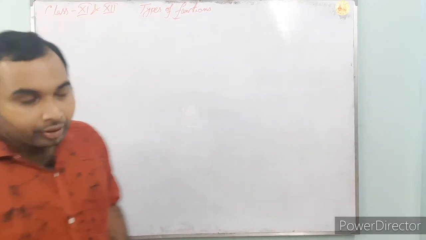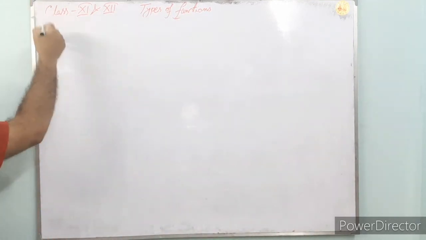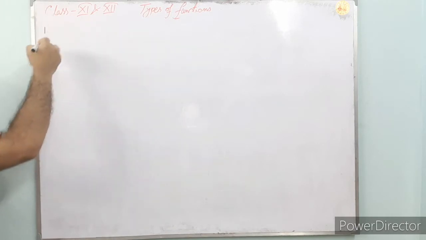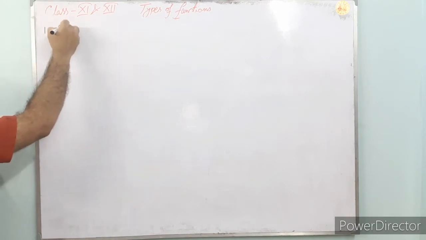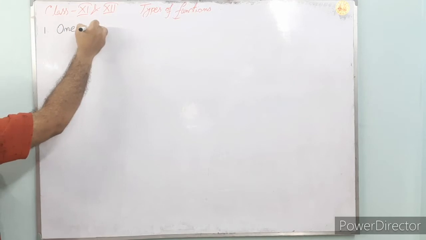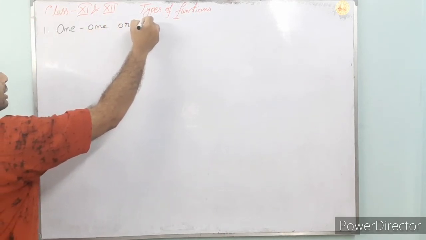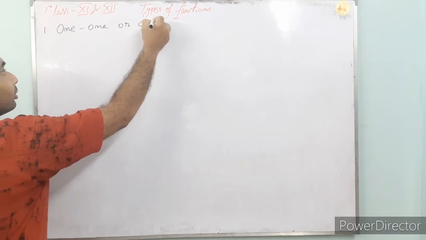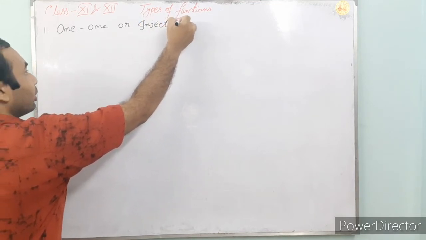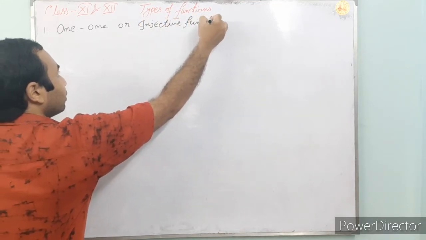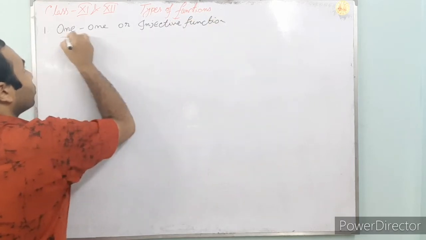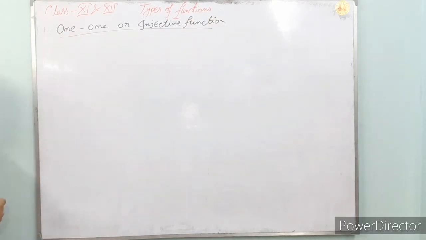The first function we'll discuss, number 1, is one-to-one, or it is called injective. One-to-one or injective function.